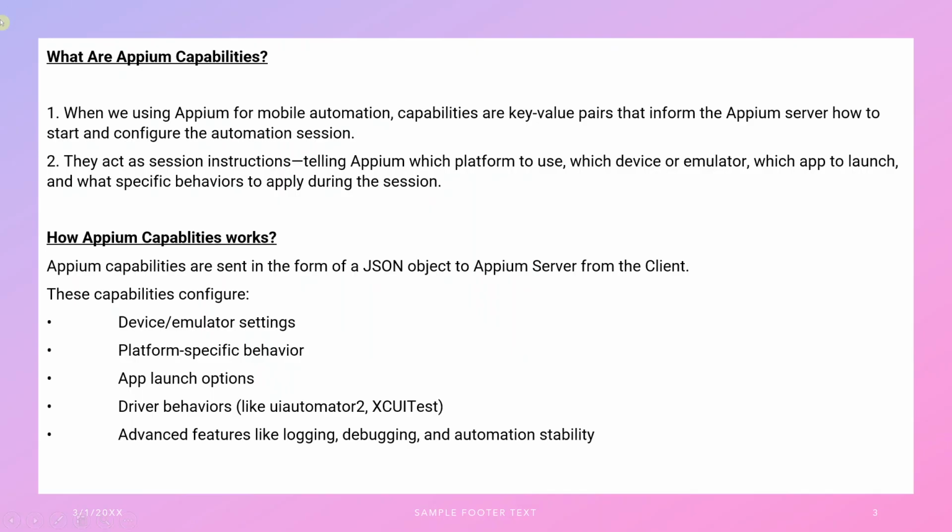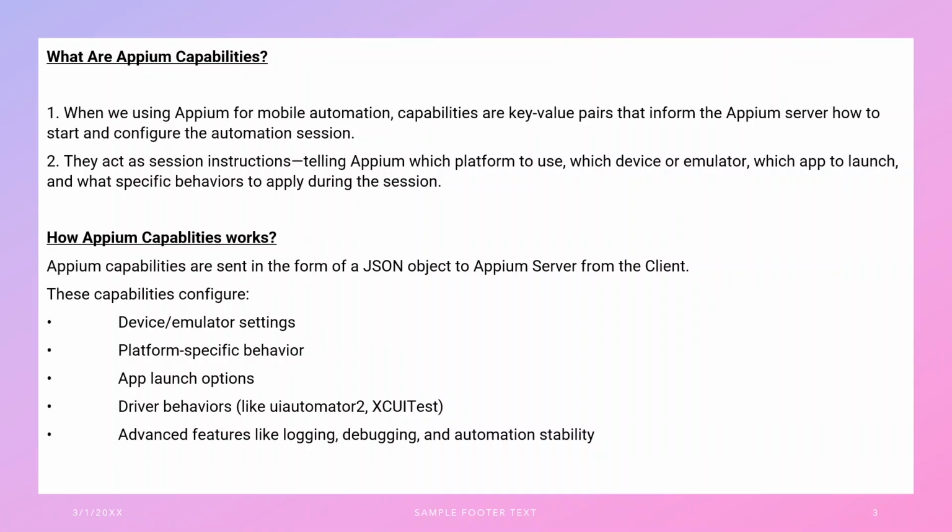We are using APM for mobile automation. Capabilities are key value pairs that inform the APM server how to start and configure the automation session. As you know, capabilities are key value pairs.